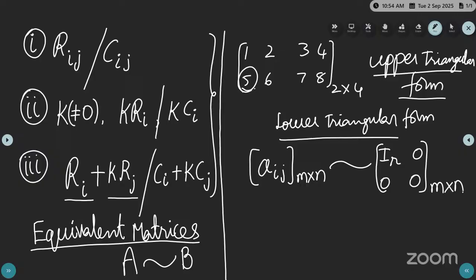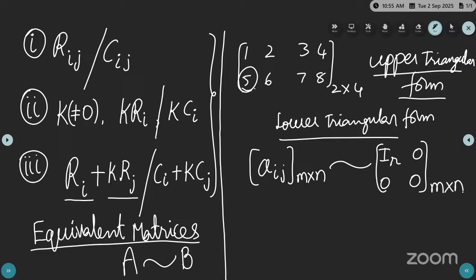And vice versa. What is the meaning of it? If you can write any matrix into such a normal form, then its rank is r. If any matrix has rank r, you can reduce it into normal form. What is Ir? Identity matrix of order r.